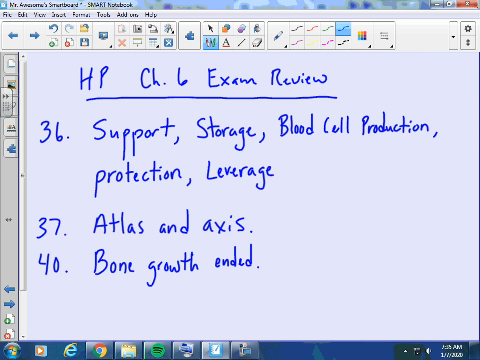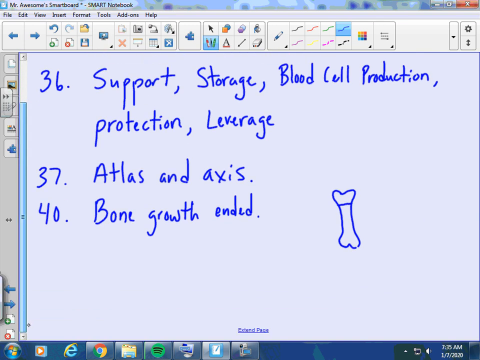This would be toward the ends of long bones. I have to excuse my drawings. That's a bone. You'd see this line about there. All right, 41 doesn't exist either. Number 42, we do have a 42.